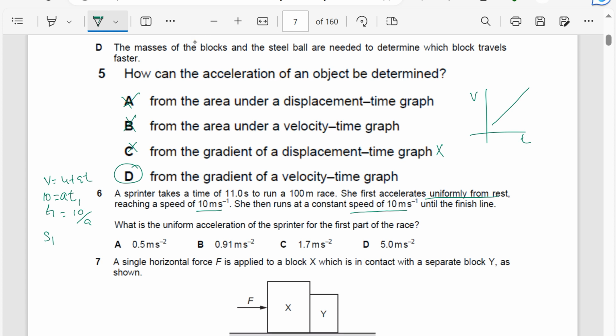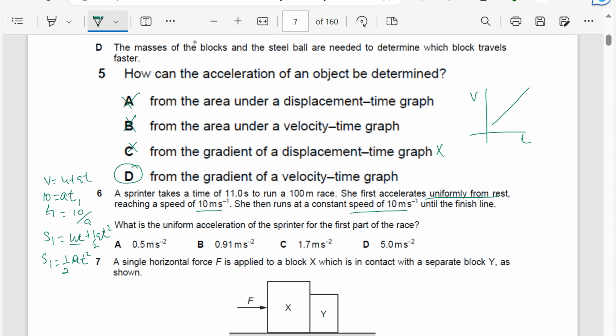So s1 is going to be equal to ut plus a half at squared. If she started from rest, then the initial velocity is 0, that part will be 0, so this will be a half times the acceleration a times t squared.